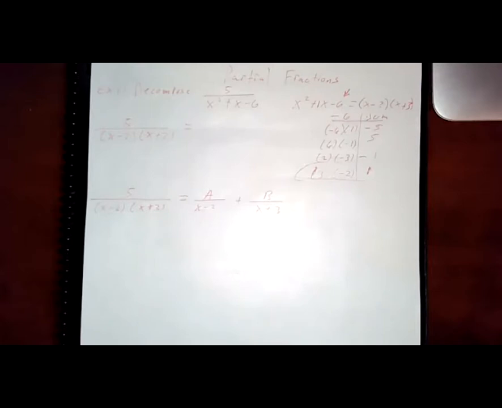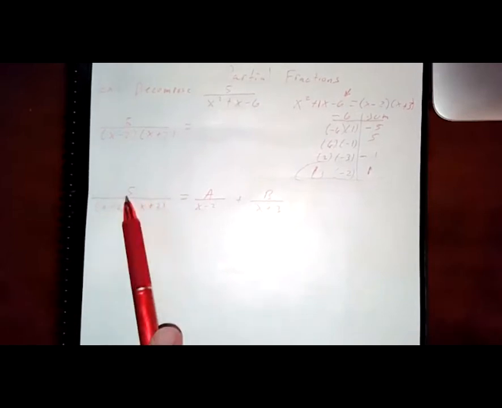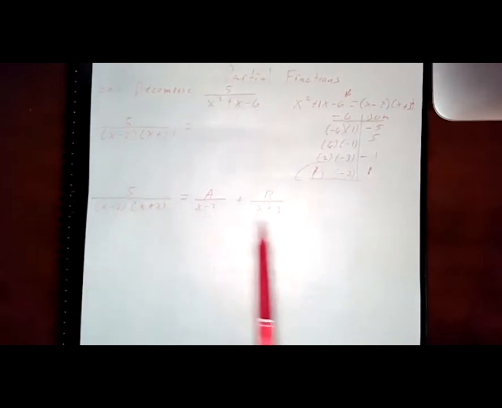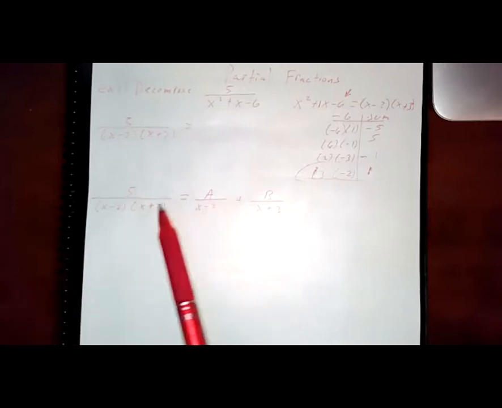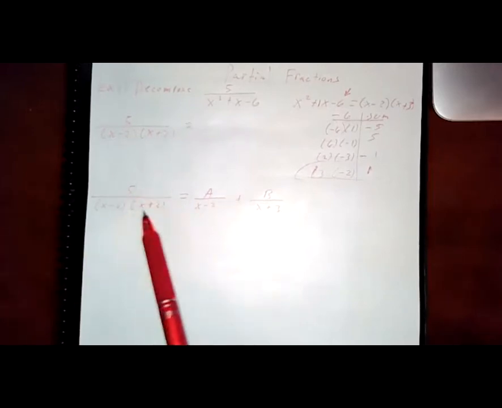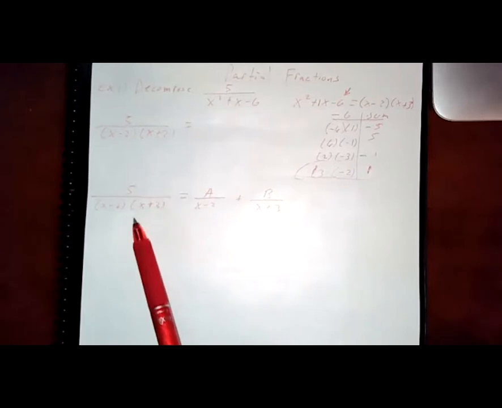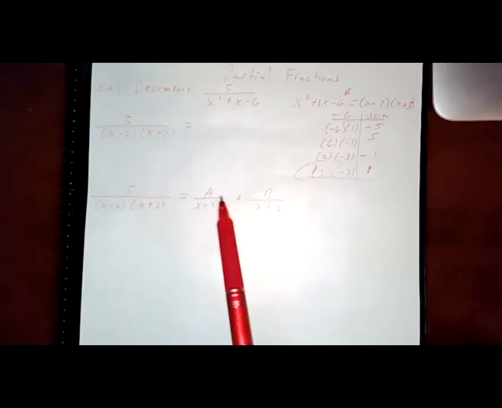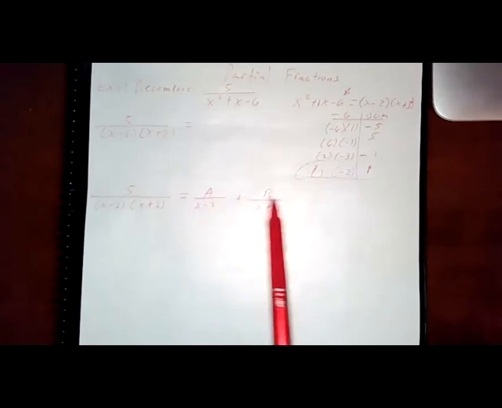Okay. Any questions so far? This is breaking that down. So the idea behind this is you can decompose a fraction into a sum of 2 separate fractions. There's a theorem in the book that says any fraction that has a factored denominator can be broken down into a sum of both those factors, and there exists some a and b that will make this equal.